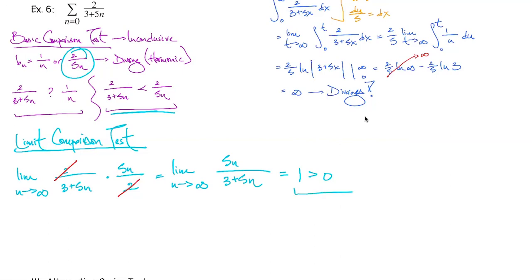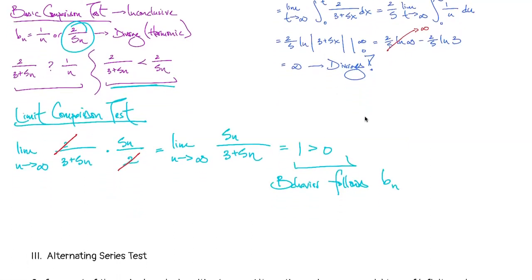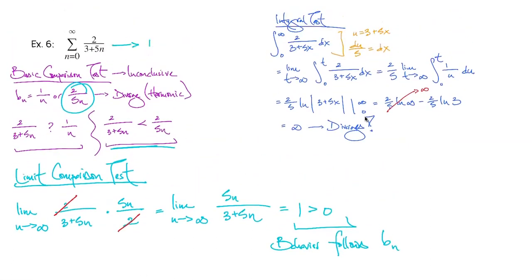So this means that the behavior follows b sub n. B sub n in this case diverges. That means that our original one also diverges.